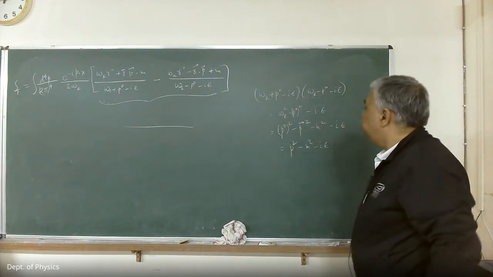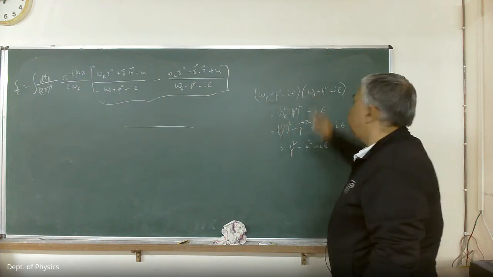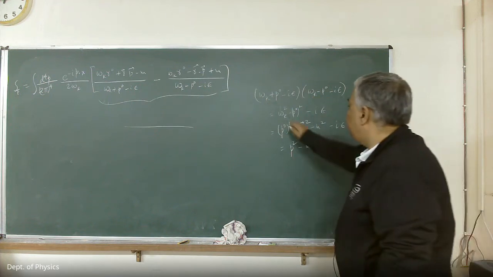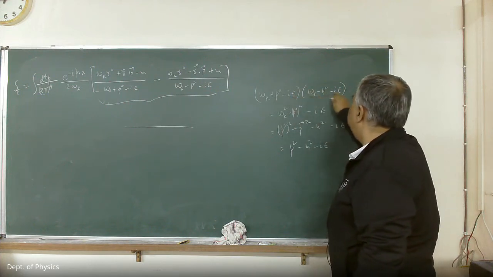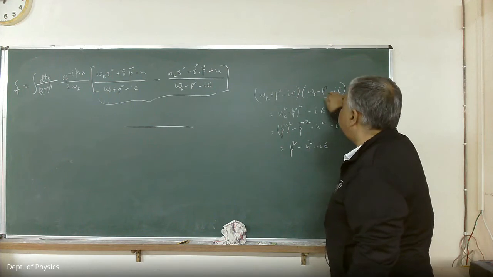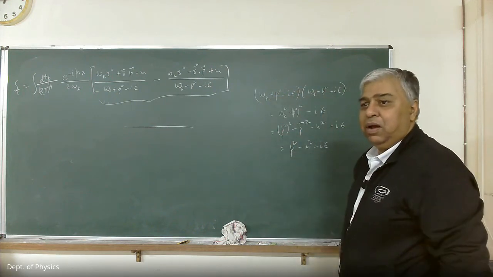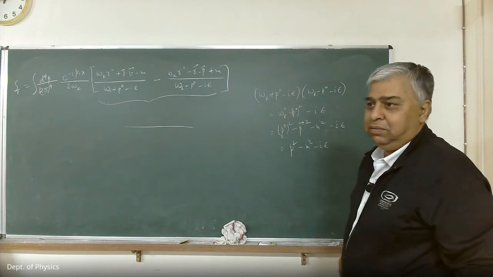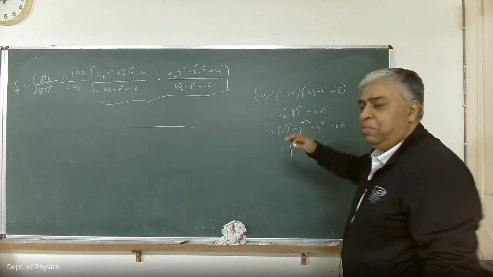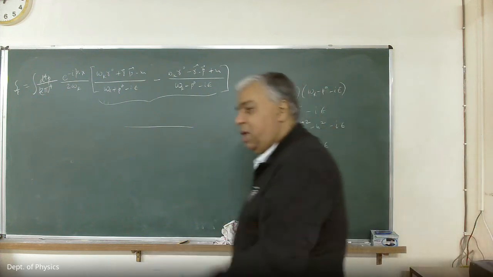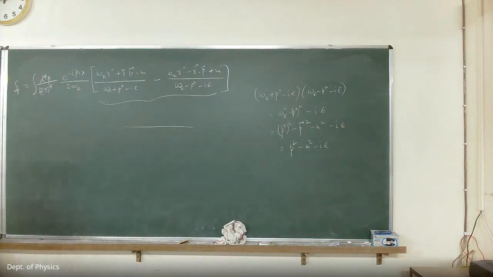Is it clear to you? This is (ω_k + p⁰) into (ω_k − p⁰). So it becomes ω_k² − p⁰² − iε times this, another term minus iε times this. Whatever the coefficients of the epsilon terms, all are absorbed here because they are infinitesimal. Its dimension also will be modified accordingly. Everything is done here just to denote it is a very small number.